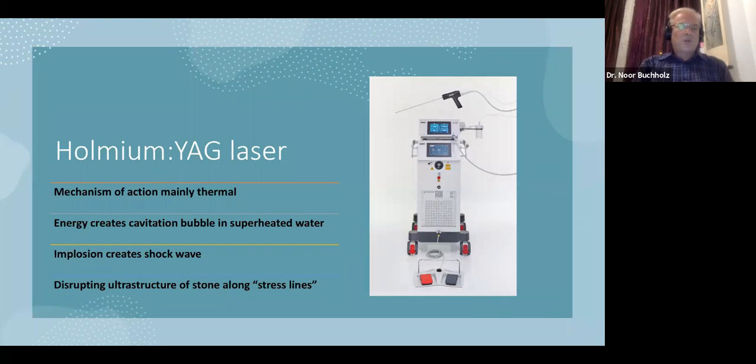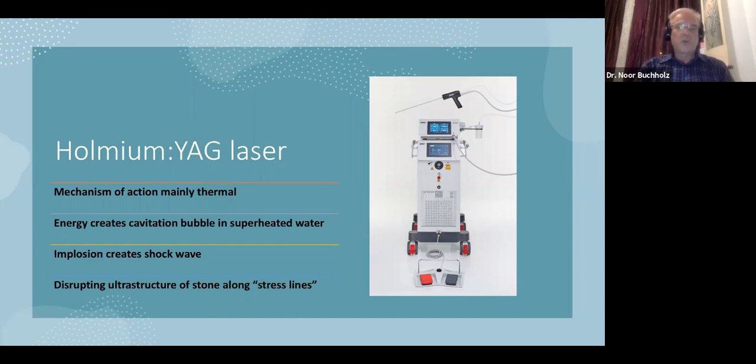So the holmium laser works mainly thermal. As I said, it's a conversion from light into heat. Actually, the energy, the heat, creates a cavitation bubble in superheated water. Now, for those who know a little bit about shockwave lithotripsy, it's a similar kind of effect. Shockwave lithotripsy also creates a micro bubble.